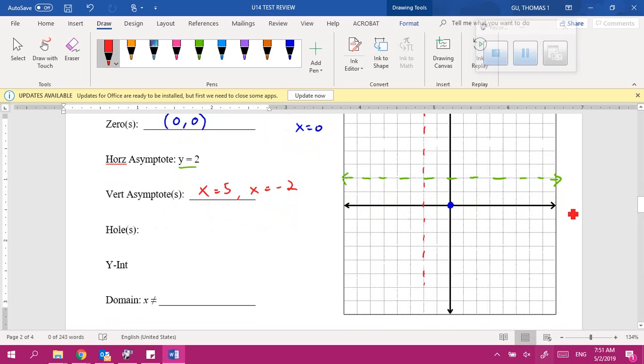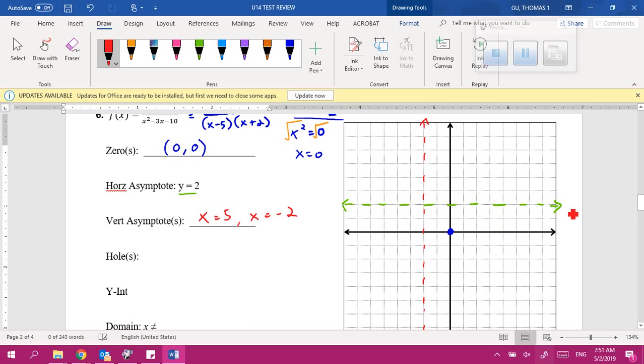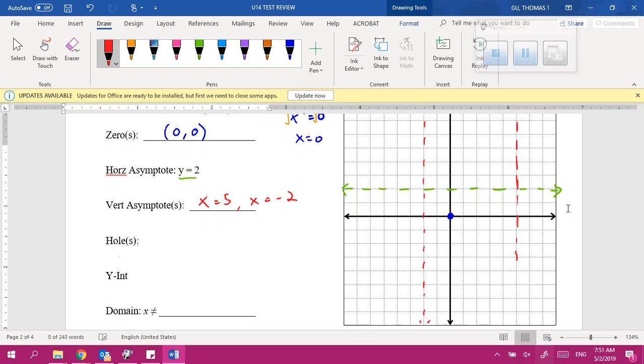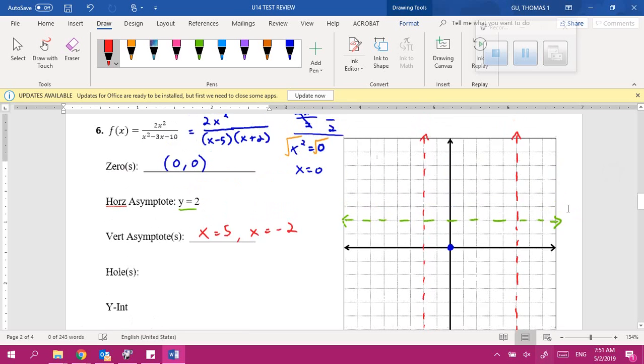And x equals 5 is 3, 4, 5 right here. So notice this is a problem with 3 regions, right? So this is going to be one of the trickier ones to graph. But let's find the rest of the attributes.